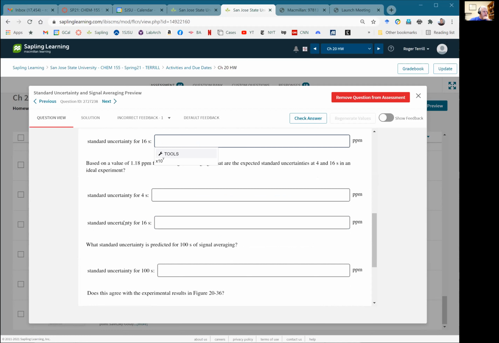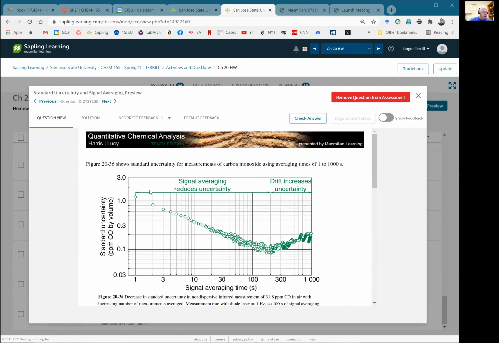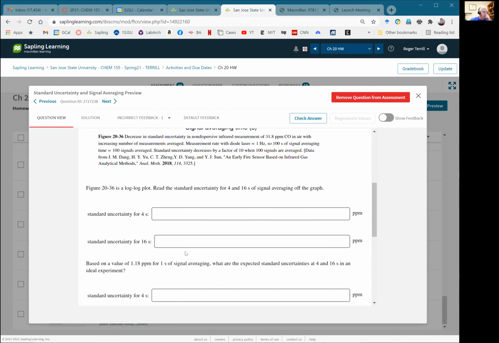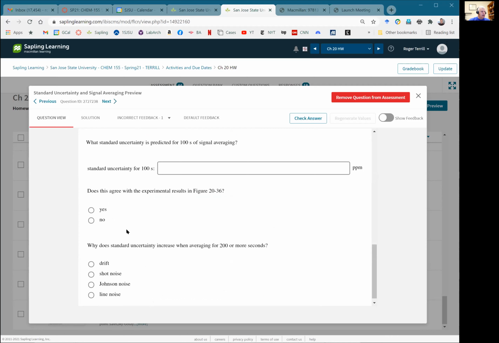I'm not sure why this isn't showing us for. So the standard uncertainty predicted for 100 seconds of signal averaging is 1/10 of that for 1, which is about 0.12, or 1.2 to 0.12, right? I'm sorry, I'm botching this all up.